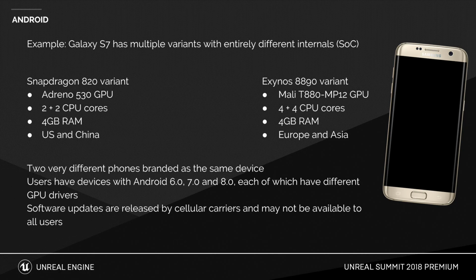And so there might be some users who are unable to get updates. For example, if they used to be with one carrier and then they took their phone to another carrier, they're suddenly locked out of updates.